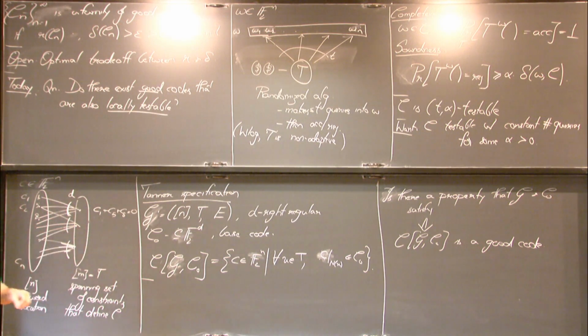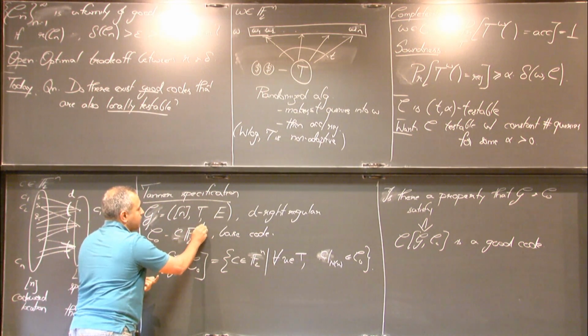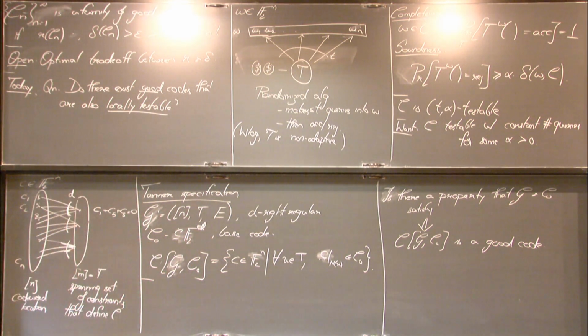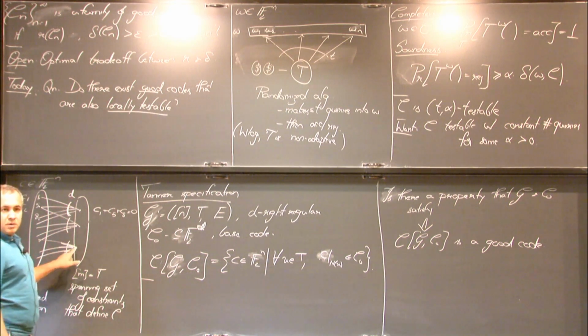So it's just a code on this small neighborhood, a code whose block length is D. Okay, you want 0 to be a member of the code, right? It's a linear code. Yes. D is the length of the constraints, D is the regularity from this side.